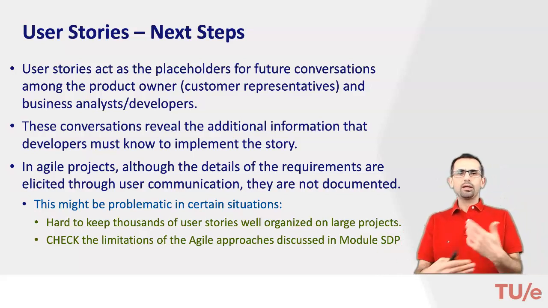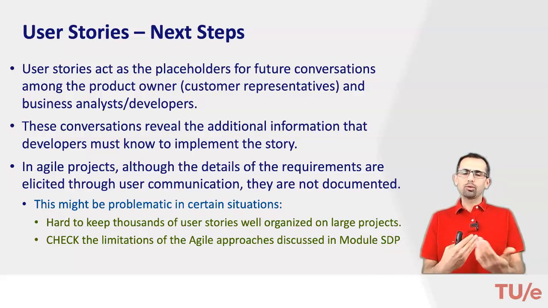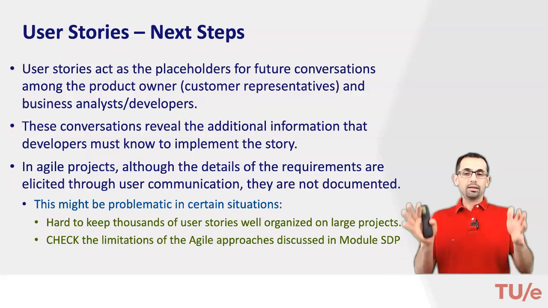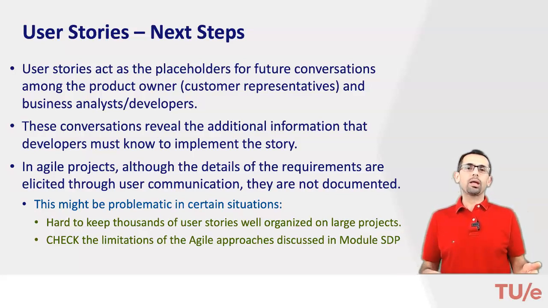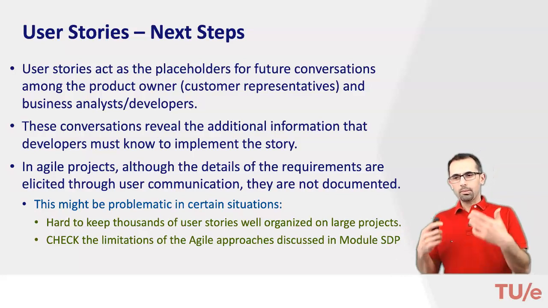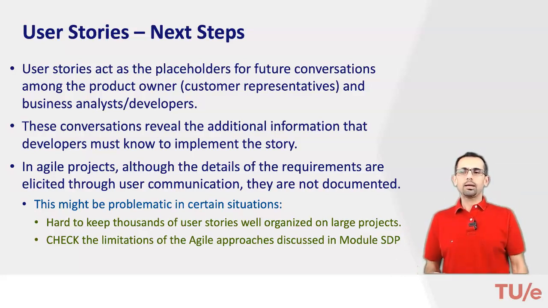You just communicate such normal paths or exception paths or alternative paths in that particular session. You don't document them, you just try to implement them right there. And this is a property of agile projects as well, that the details of the requirements are elicited through user communication, but they are typically not documented.